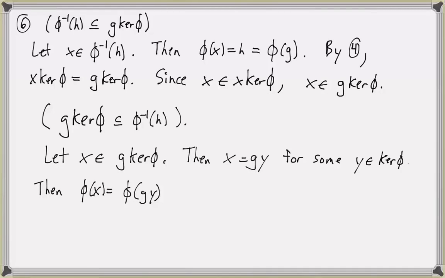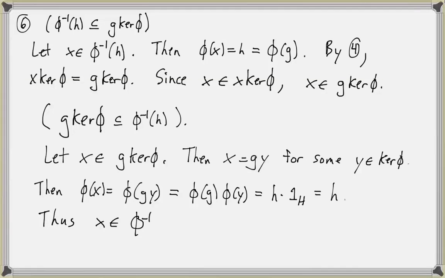I can write this as phi of G times phi of Y. But phi of G we assumed equals H, and since Y is in the kernel of phi, phi of Y is the identity of H, and so this just equals H. Thus, X is in the preimage of H, because phi of X equals H. And this finishes our proof of the 6 properties that we listed about homomorphisms.